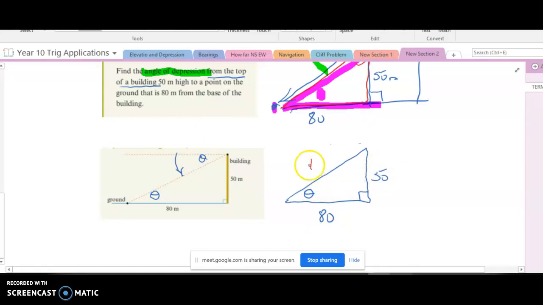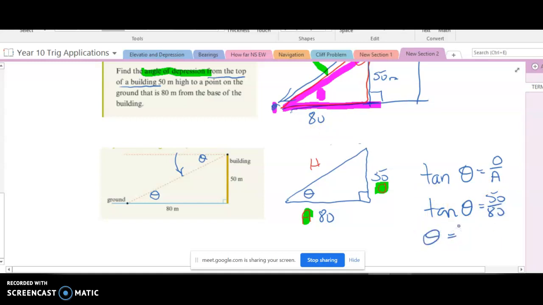You know me, I always like to do the hypotenuse because that never changes. I like to do the one that's next to the angle that we're interested in, that's the adjacent, and that leaves us with the opposite. As you can see, we're interested in O and A. So that's the tan ratio. So putting in there tan theta equals O over A, substituting, tan theta equals 50 over 80.